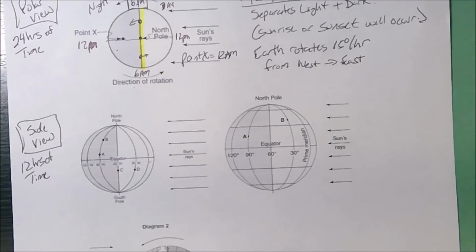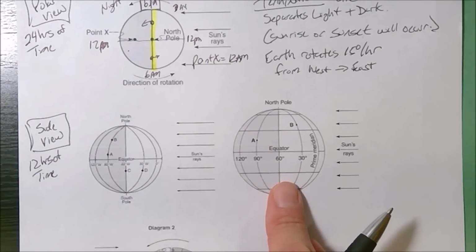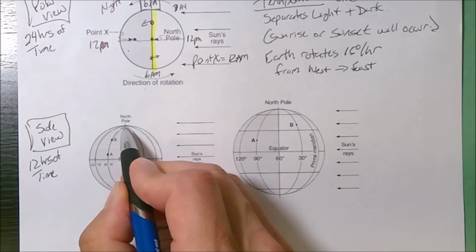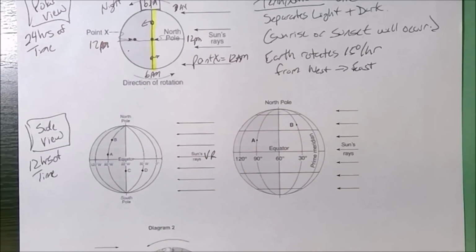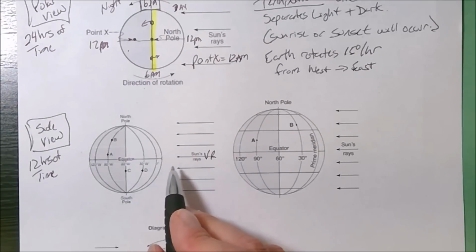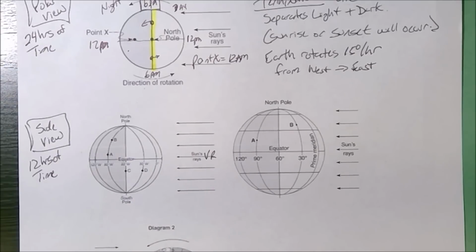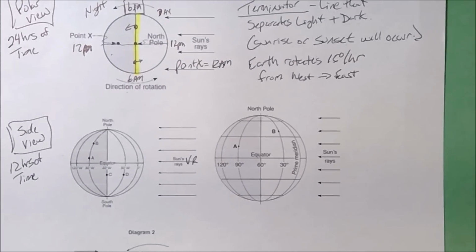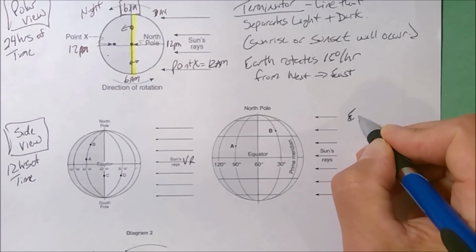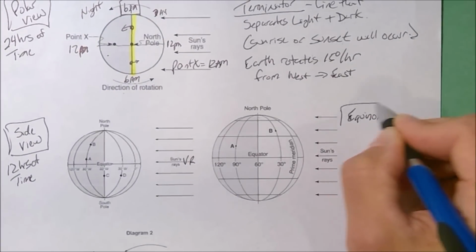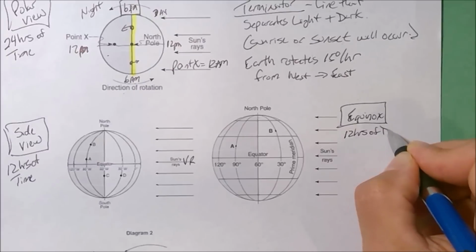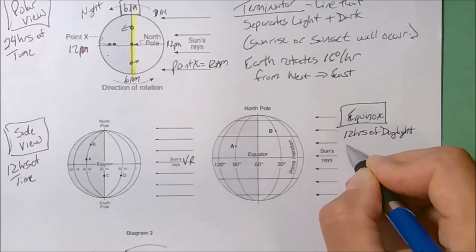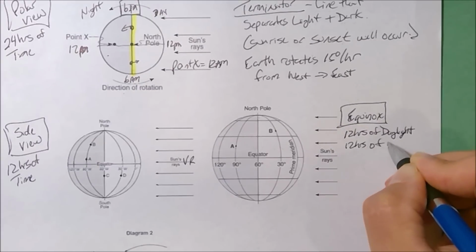Now, looking at both of these models, you can see that the North Pole is on the Terminator, and the sun's ray where it's hitting directly at a 90-degree angle, called the vertical ray, is on the equator. So we can tell for both of these diagrams, and they usually do this, that both of these represent the equinox. So on the equinox, you get 12 hours of daylight and 12 hours of nighttime.